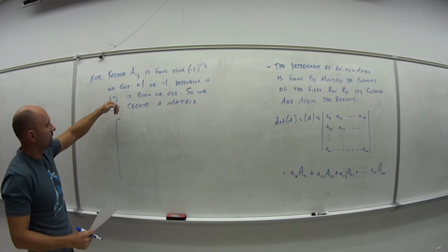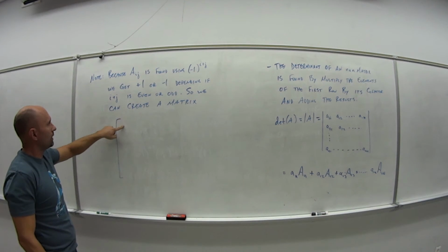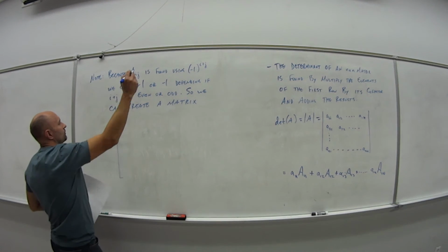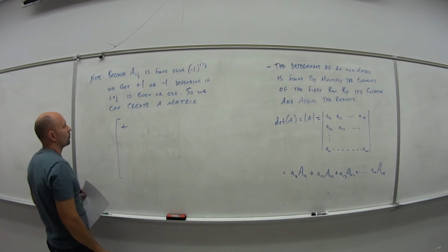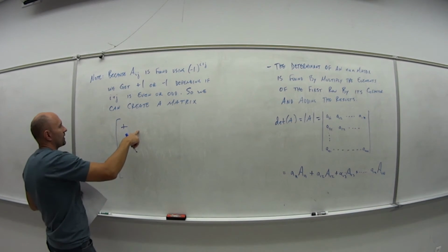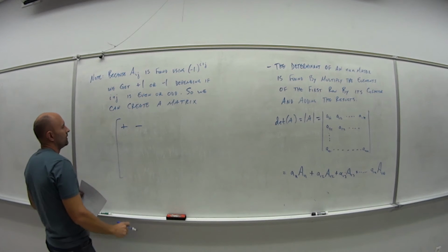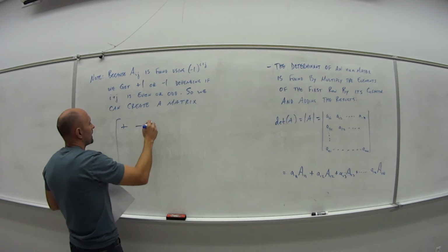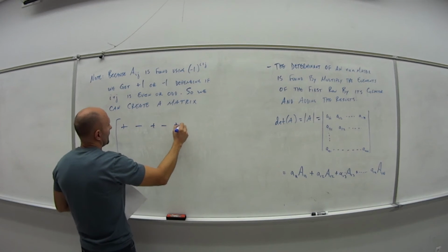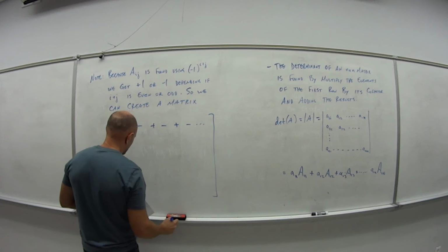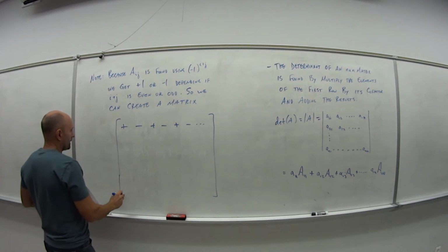So row 1, column 1 is what? 1 plus 1 is 2. Because 2 is even, negative 1 to the second power, we get a plus 1. Row 1, column 2, that's odd, so negative. Row 1, column 3, that's 4, that's positive. Negative, positive, negative, etc., keeps on going, alternating. What about going down?